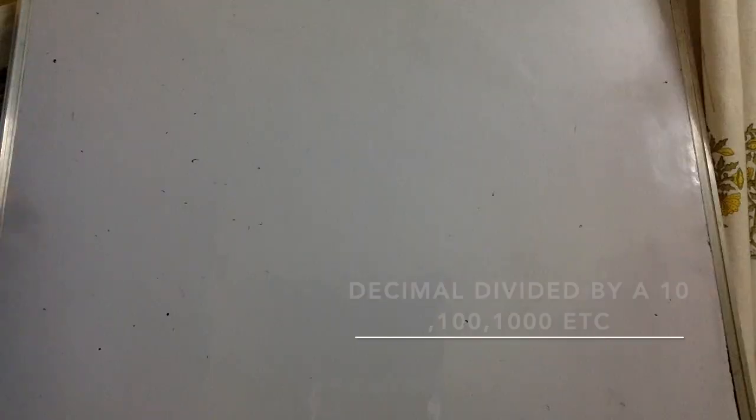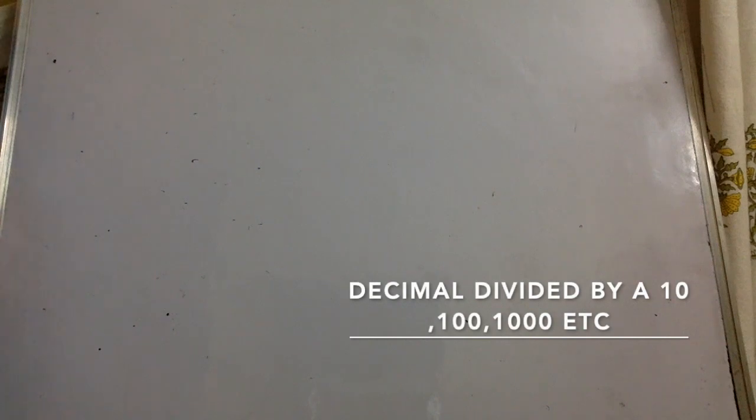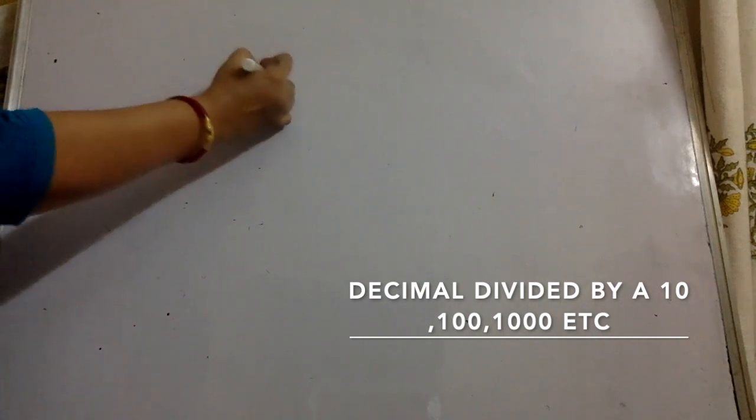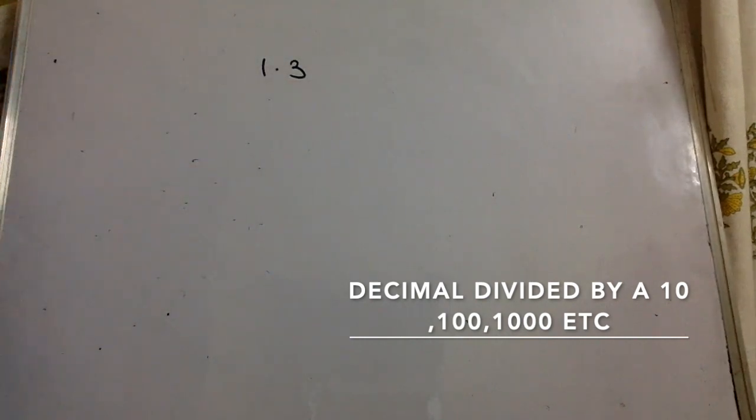Whenever we have a decimal divided by, let's say, we'll first take up a decimal divided by 10. Let me take this number 1.316.